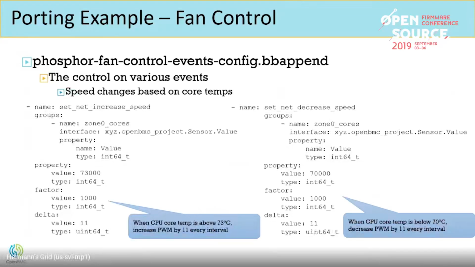Yes, the factor here is related to the property, because the property is 70,000. It needs to be divided by the factor to get the 70 degrees. But that info is not shown here. It is defined in this YAML, but not in this example.